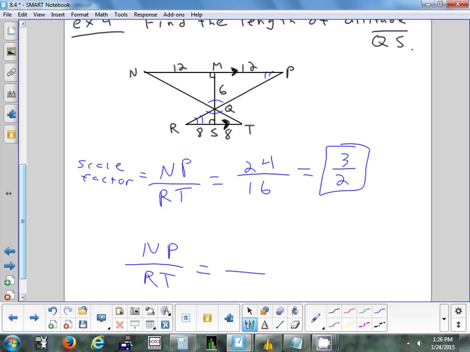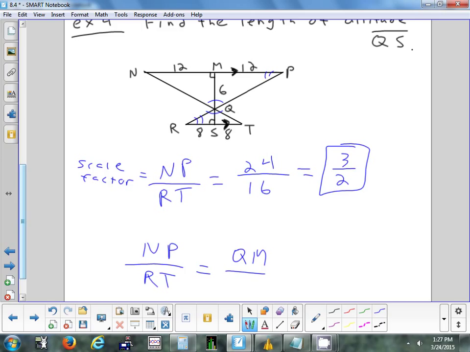Oh, Olivia? What side corresponds to QS? MQ. Yeah, MQ. Since I started in the middle and went towards the bottom, I'll start at the middle and go towards the base of it. So I'll call it QM. But that's perfect.